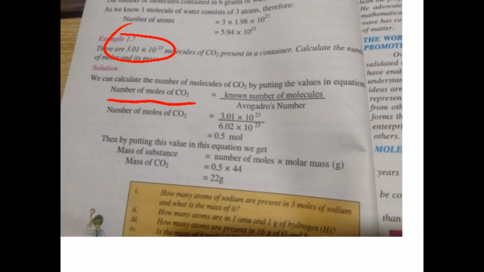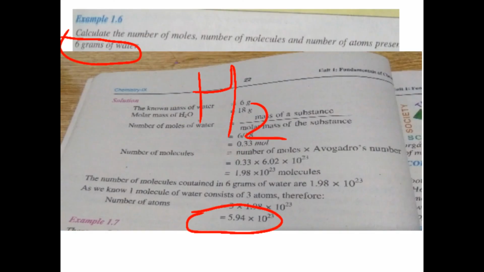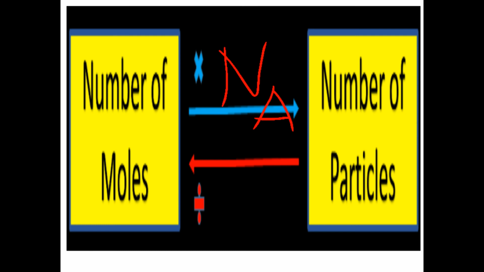So we divide the given number of molecules by the Avogadro number to know the number of moles, because this much particles are present in a unit mole. So the mole obtained here is 0.5. All the time we are using the same formula, only we are replacing the places.